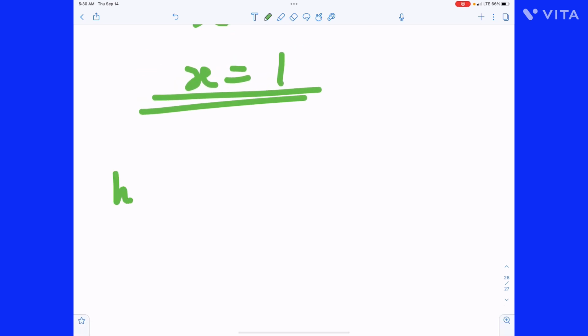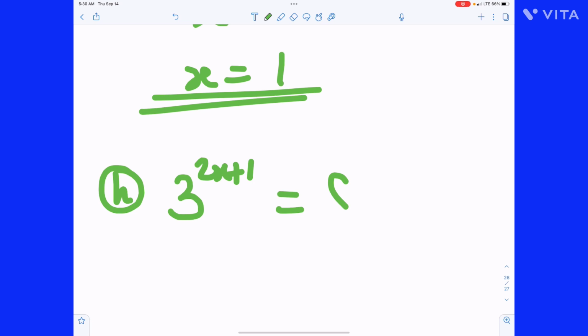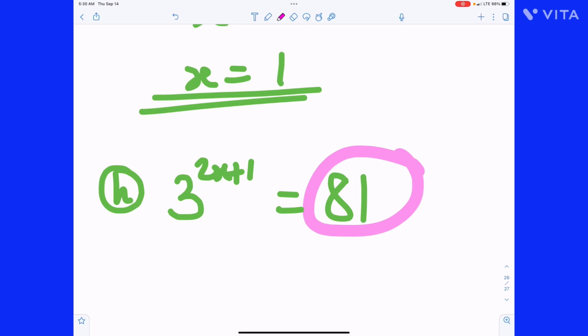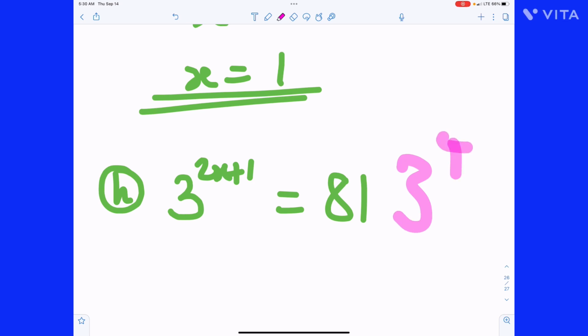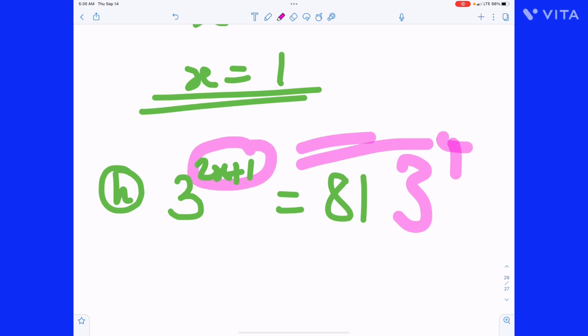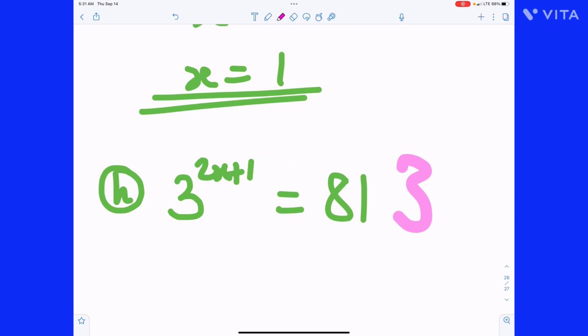Practice question H. Let's make it 3 raised to the power 2x plus 1 is equal to 81. This is simple. Just write 81 as 3 raised to the power 4 and equate 2x plus 1 to the 4. That's all, when you equate bases.